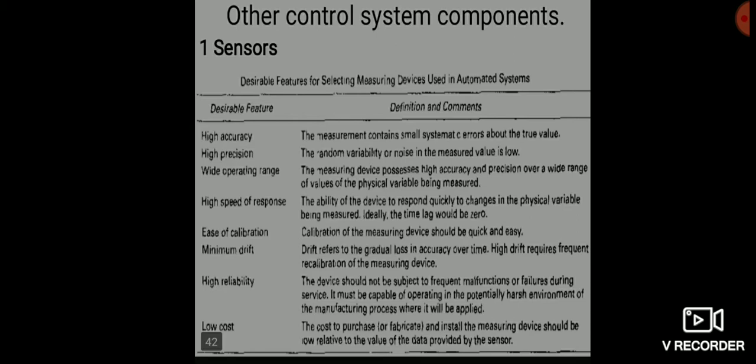Other binary sensors include piezoelectric sensors and proximity switches. A digital measuring device produces an output signal either in the form of a set of parallel status bits or a series of pulses that can be counted.